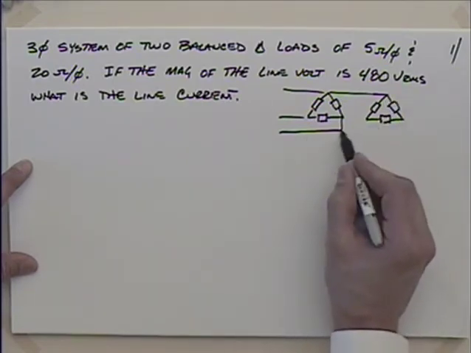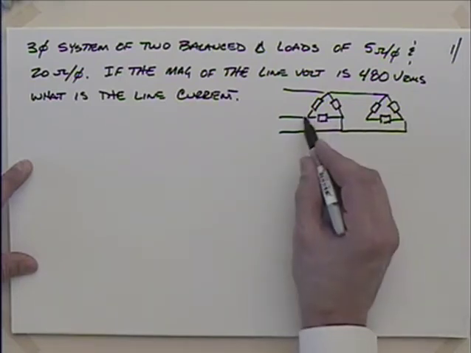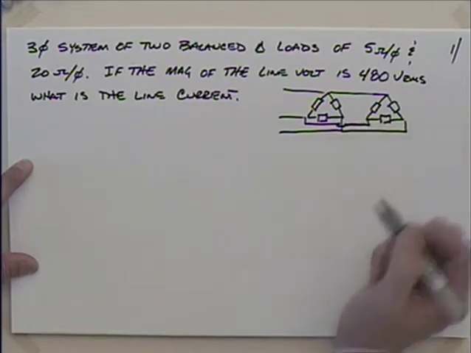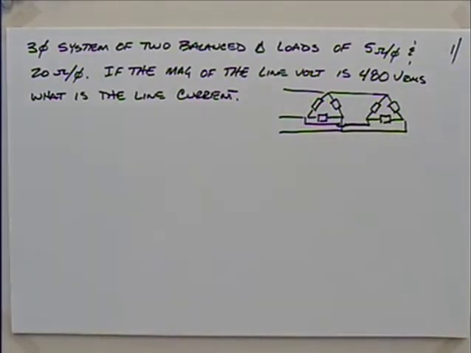Like this. Okay, so something like that. That's what we've got going on. We're told that one is 5 ohms per phase, so each one of those boxes would be 5 ohms. One's 20 ohms per phase. Each one of those boxes would be 20 ohms.